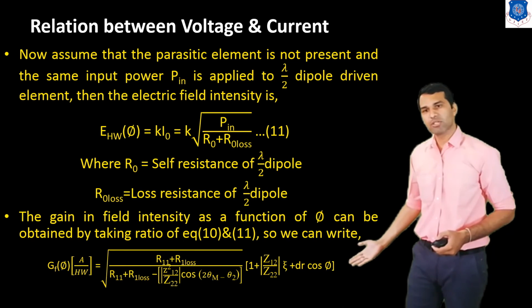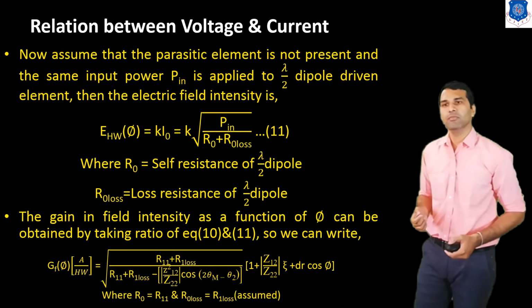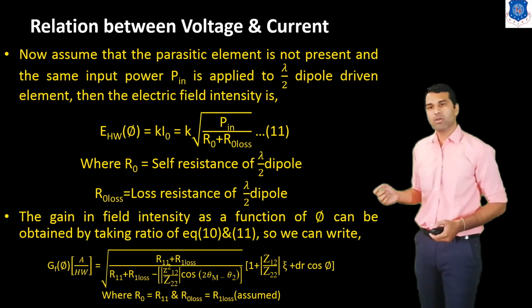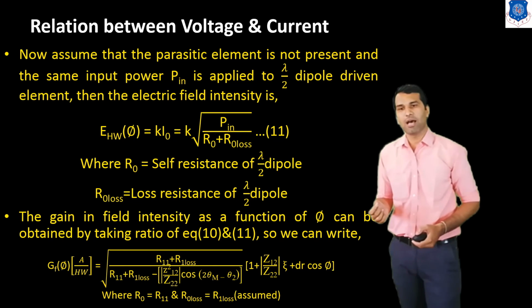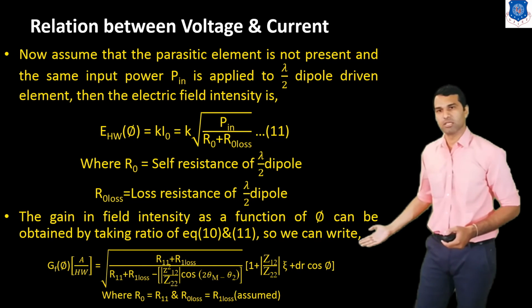This is the equation for the gain, where R0 is the R11 and R0 loss is the R1 loss we have assumed in this equation.